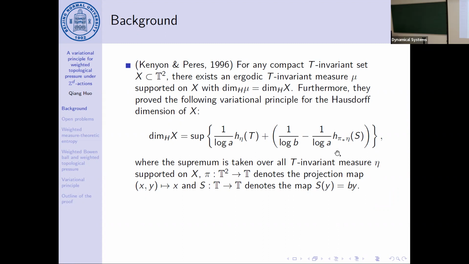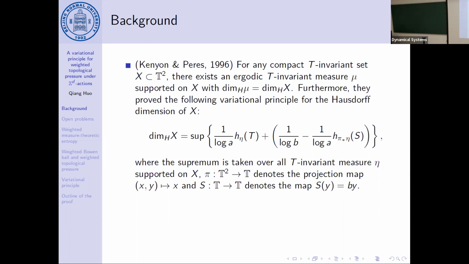And then you have in the denominator log A, and in the numerator you have the difference of entropies, which is kind of an entropy condition related to B. And then there is this other part of entropy in another direction, divided by the Lyapunov exponent in this other direction. So you have two Lyapunov exponents, log A and log B.